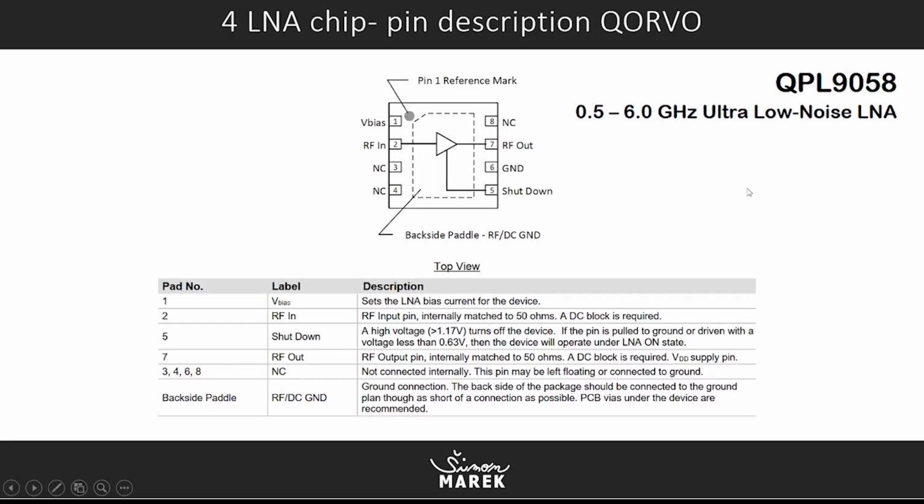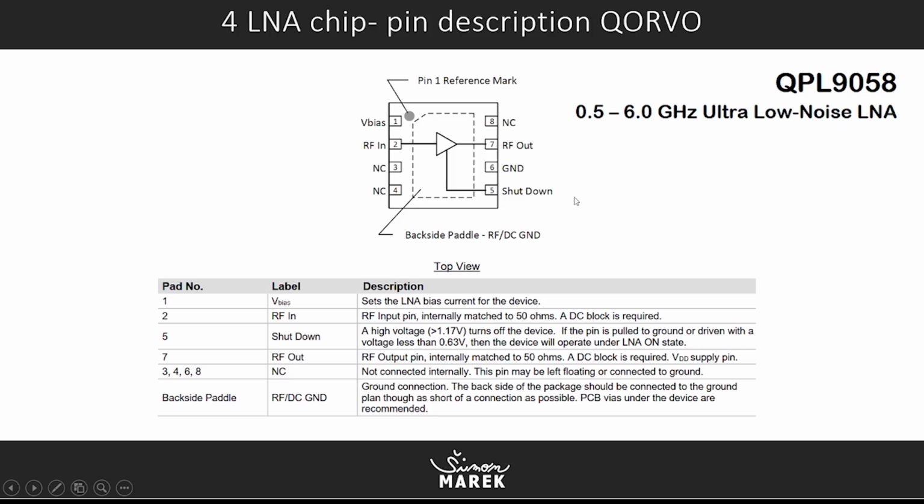So here's a more detailed pin description. You can see the first pin is the bias pin, which sets the LNA bias current for the device. Very simple one. This is a DC pin. You have RF in. This pin is internally matched to 50 ohms, like I said in the previous slides.